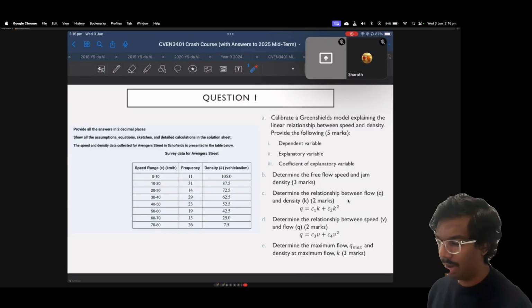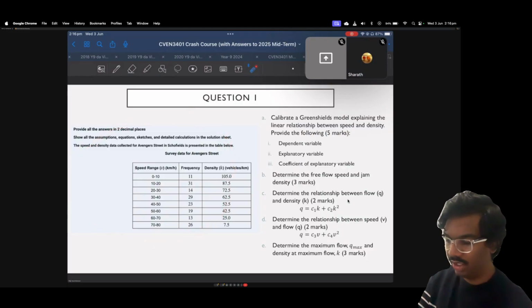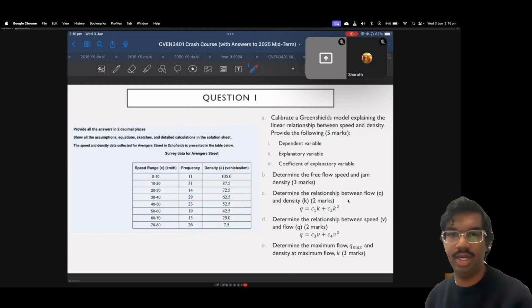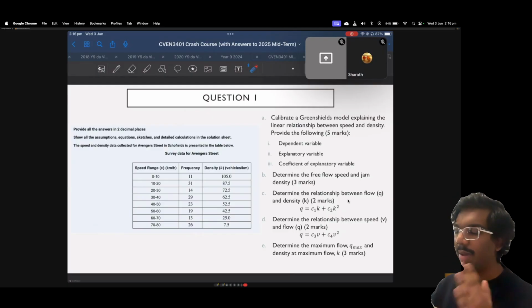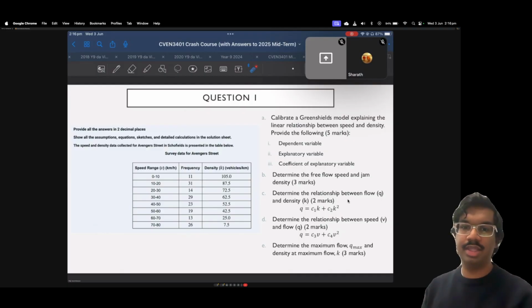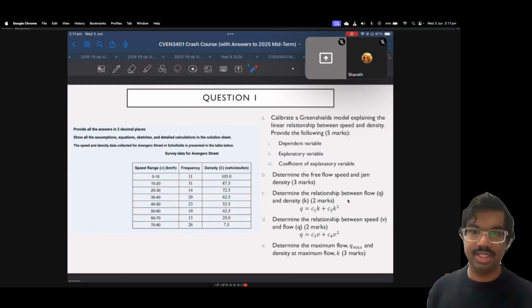So this is the first part of the question. You can ignore the first 2 lines, but the speed and density data collected for Avenger Street in Schofields is presented in the table below. That is the survey data for Avenger Street. So basically, we've been given a bunch of cars going at a particular speed, and the density of the vehicles.